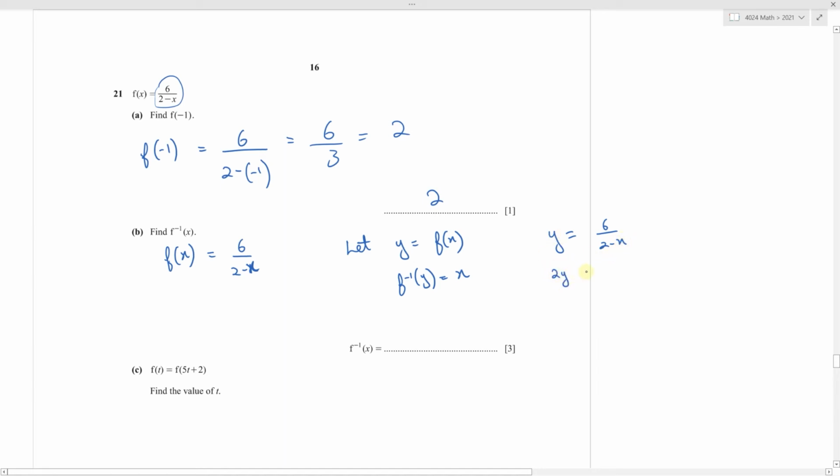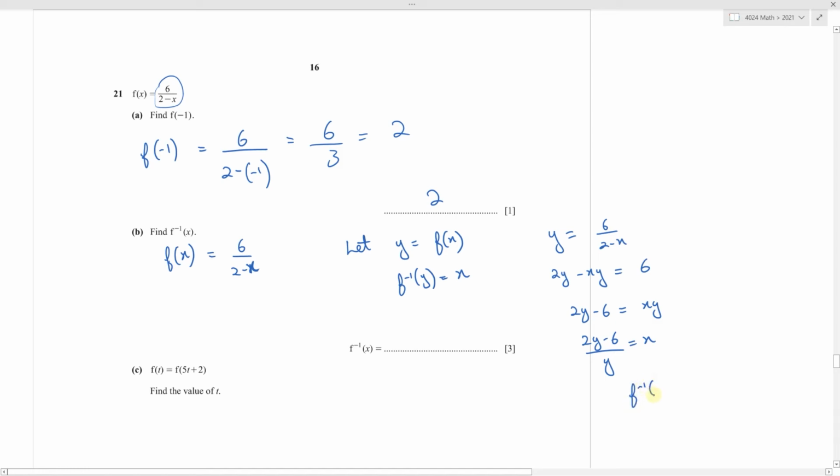This will become 2y minus xy equals to 6. I'll take this to this side, bring this here, 2y minus 6 equals to xy, and I divide by y here, 2y minus 6 over y equals to x. And you know that x is f inverse of y, so I can substitute f inverse of y here.